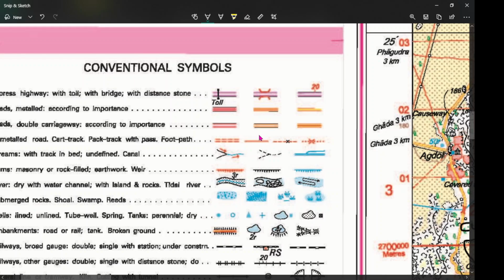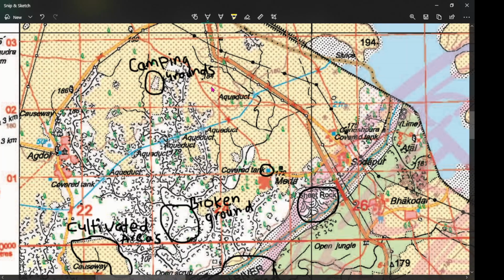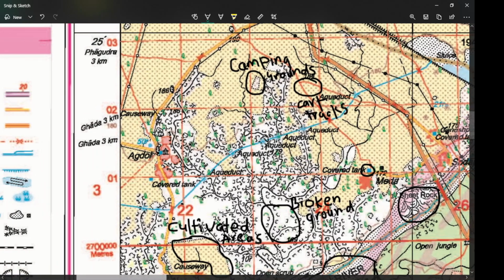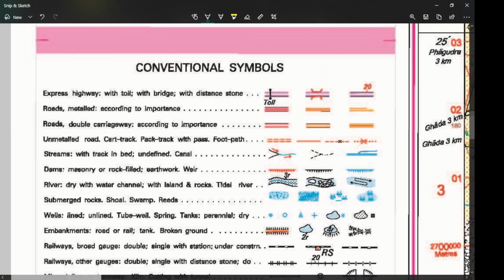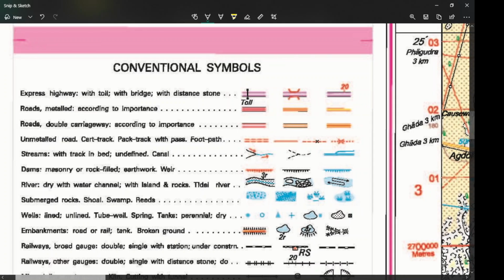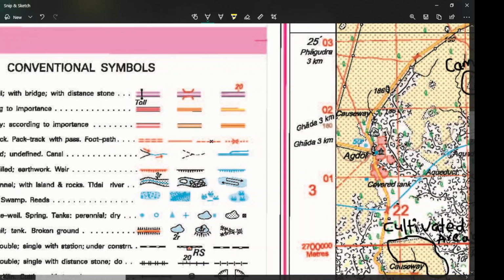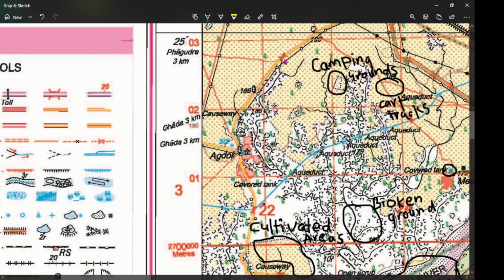These are cart tracks. These are metal roads.